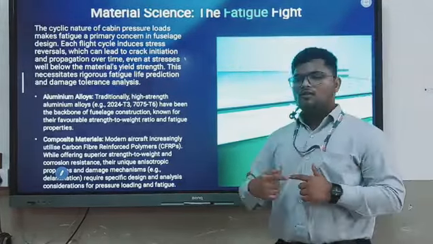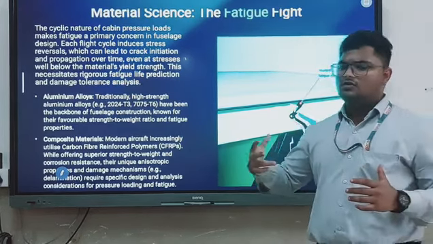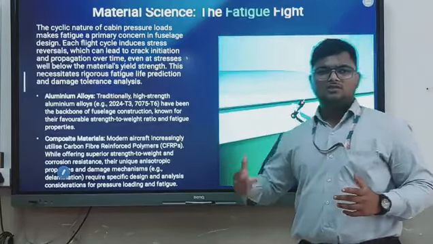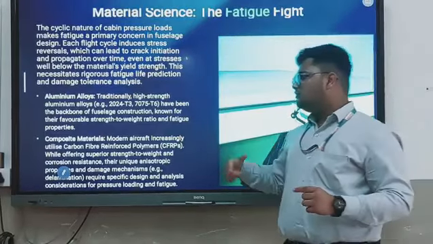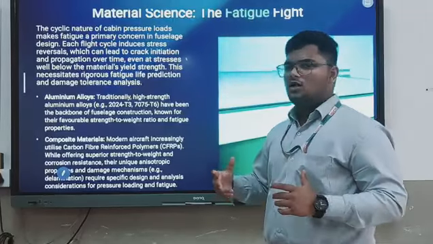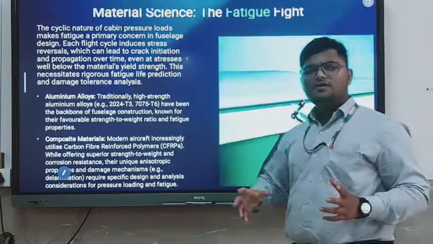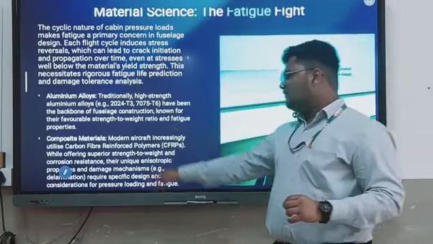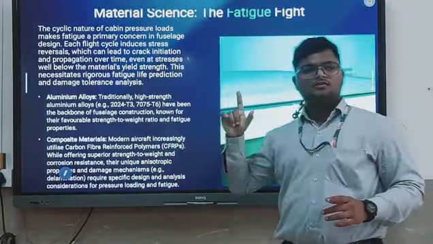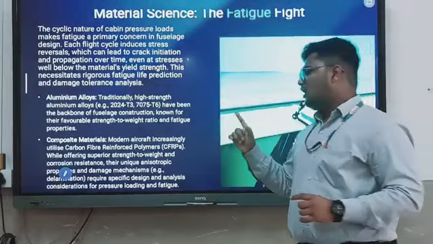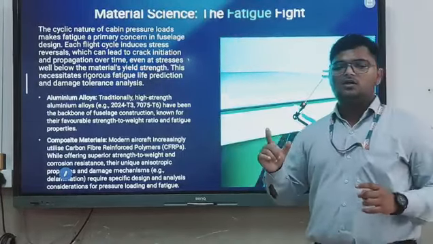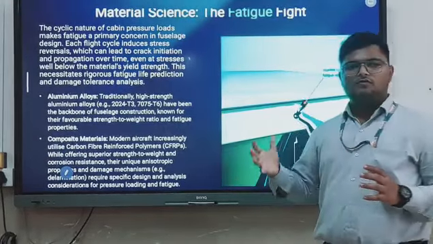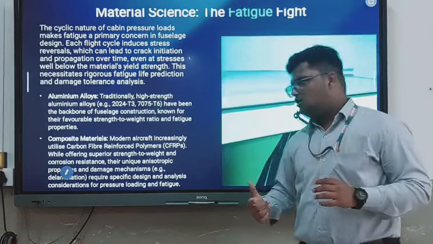But as the development goes on, with the technological advancements we make, we find different methods to make different kinds of materials and composites. So we have composite materials, in which CFRP, the carbon fiber reinforced polymer, is currently the best material which can be used for making the aircraft fuselage.